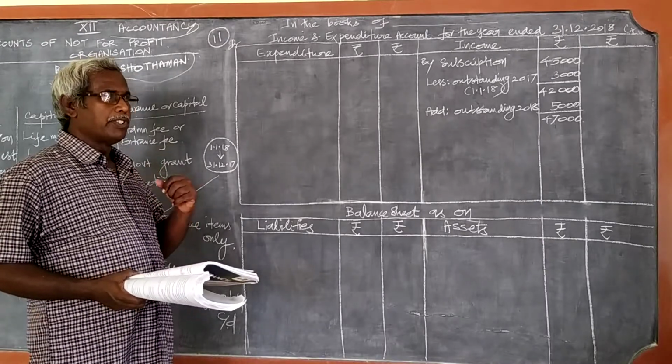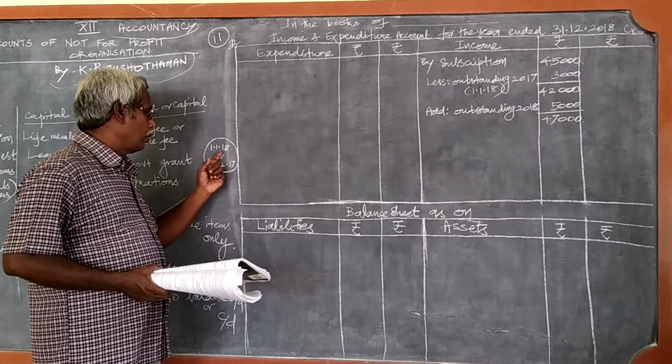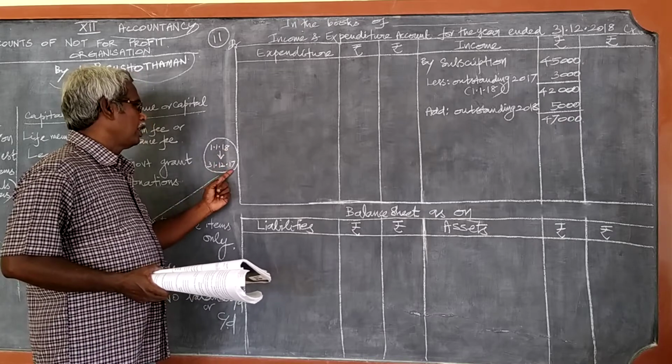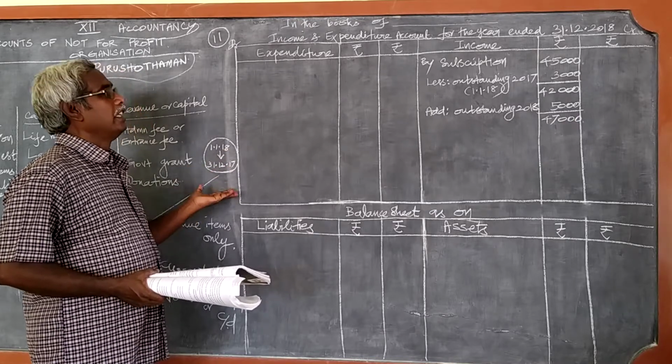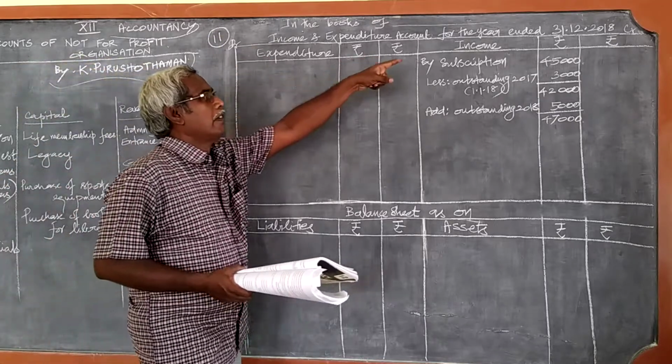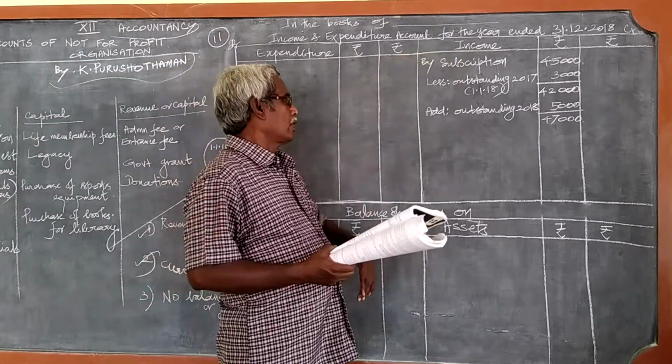So the subscription received in advance, that is 1/1/18 or 31/12/17, received in advance means it is for the year 18 for which we are preparing the account.